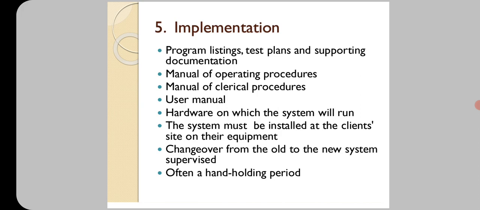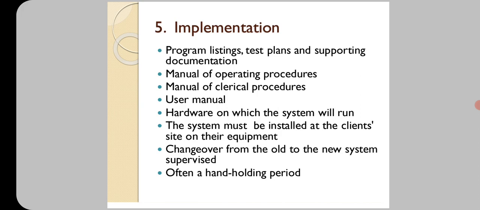So, program listing, test plans and supporting documentation. In the implementation stage there are various other tasks to be completed. First is program listings, meaning the different programs. Test plans means the different types of tests: white box test, black box test and other test scenarios.